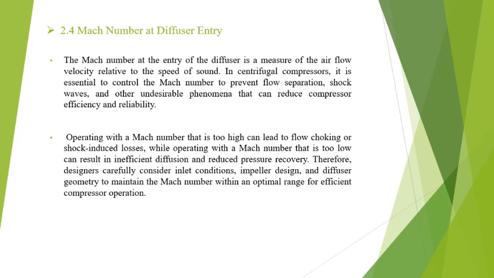Operating with a Mach number that is too high can lead to flow choking or shock induction losses, while a Mach number that is too low can result in inefficient diffusion and reduced pressure recovery. Therefore, designers carefully consider inlet conditions, impeller design, and diffuser geometry to maintain the Mach number within an optimal range for efficient compressor operation.